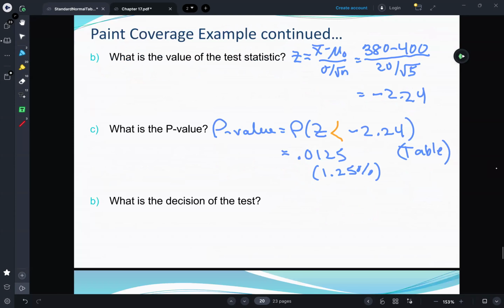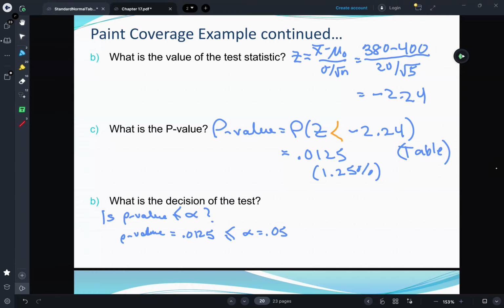We need to make a decision. We can ask ourselves again, is the p-value less than or equal to alpha? And remember, alpha is 5%. So basically we're checking, is the p-value, which is equal to 0.0125, less than or equal to alpha, which is equal to 0.05? That's basically what we're asking.